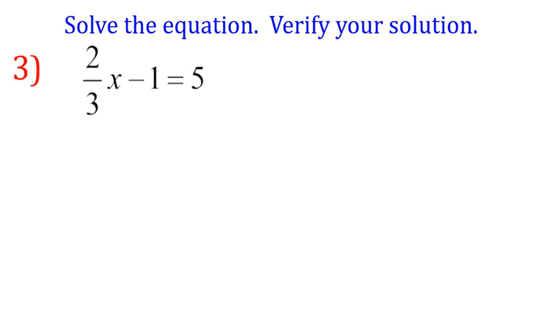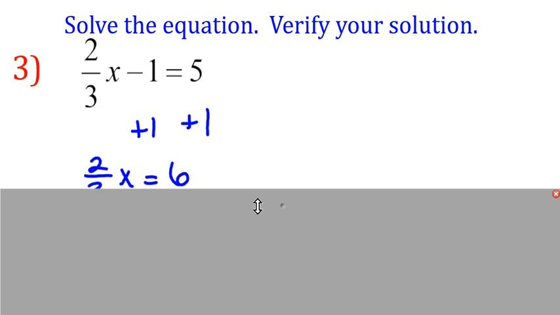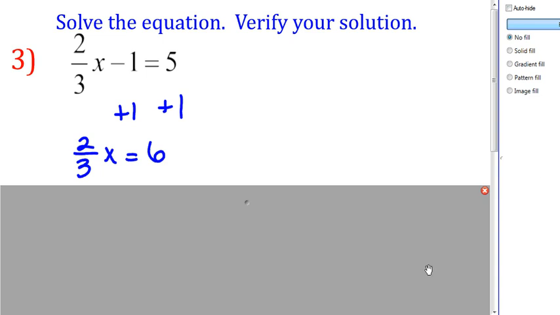Here's another one. We have 2/3 x minus 1 equals 5. We want to find the value for x that makes this true. Thinking about what we've done in the other two problems, we're going to undo the order of operations. Looking at the subtraction, to undo that, we'd have addition. So we add 1 to each side of the equation. Now we have 2/3 x equals 6. A fraction is the same thing as division. It's really 2x divided by 3.